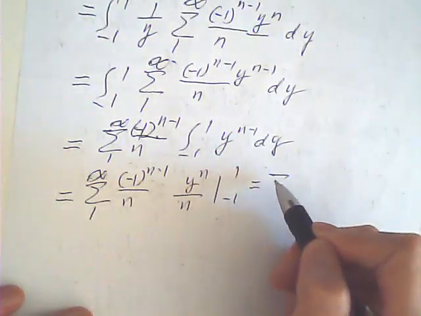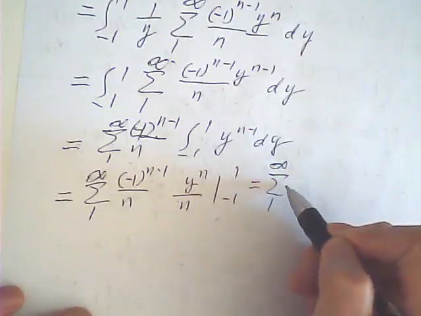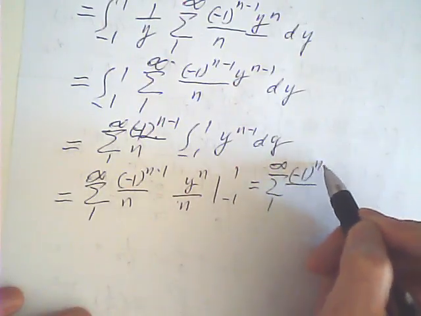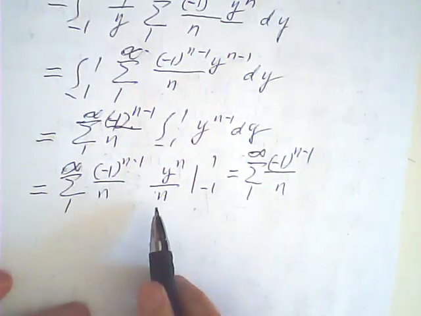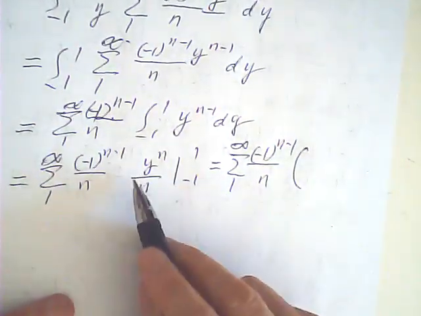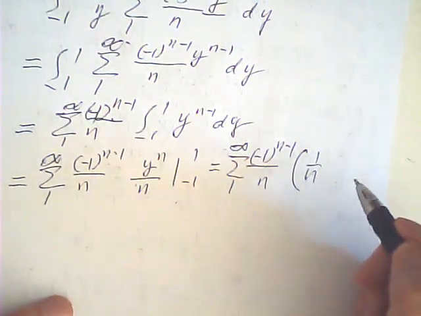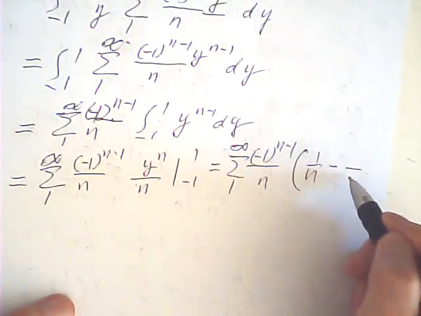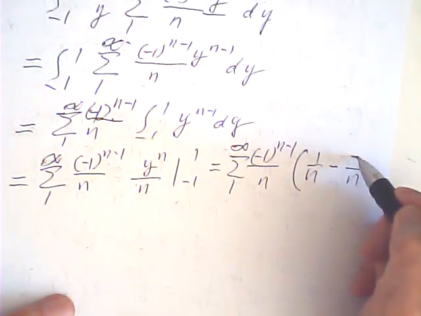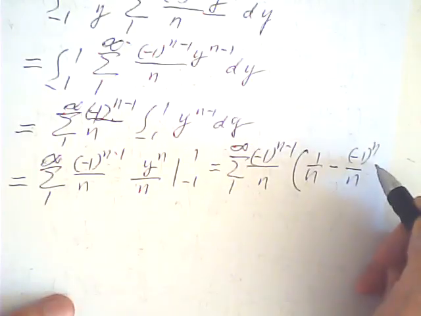This equals sigma of negative 1 to the n minus 1 over n. Well, the first one is 1 over n, the second one is negative 1 to the n.